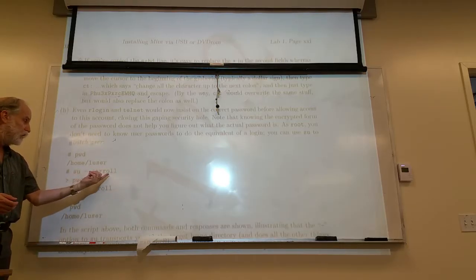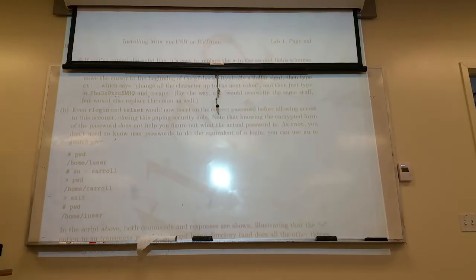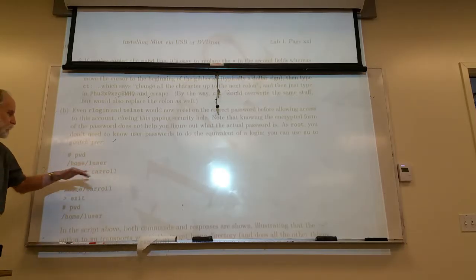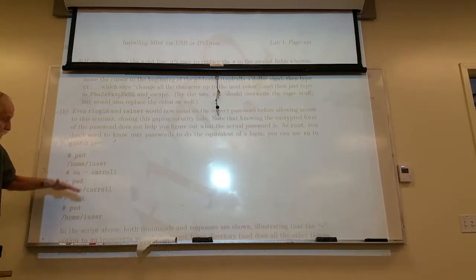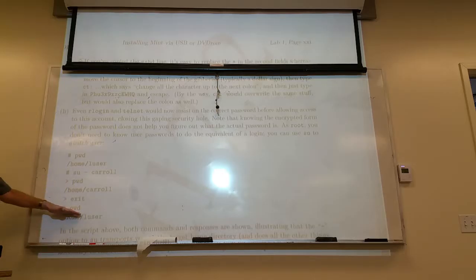So SU - Carol should give you a UID of 1007, whatever the UID of Carol is, and it should move you to my home directory. Right? So even though you were in home loser a moment ago, you're now magically transported to home Carol. Right? And then just get out once you've tried that little experiment. Once you're out of that particular shell, you're back to being where you were just before you entered.